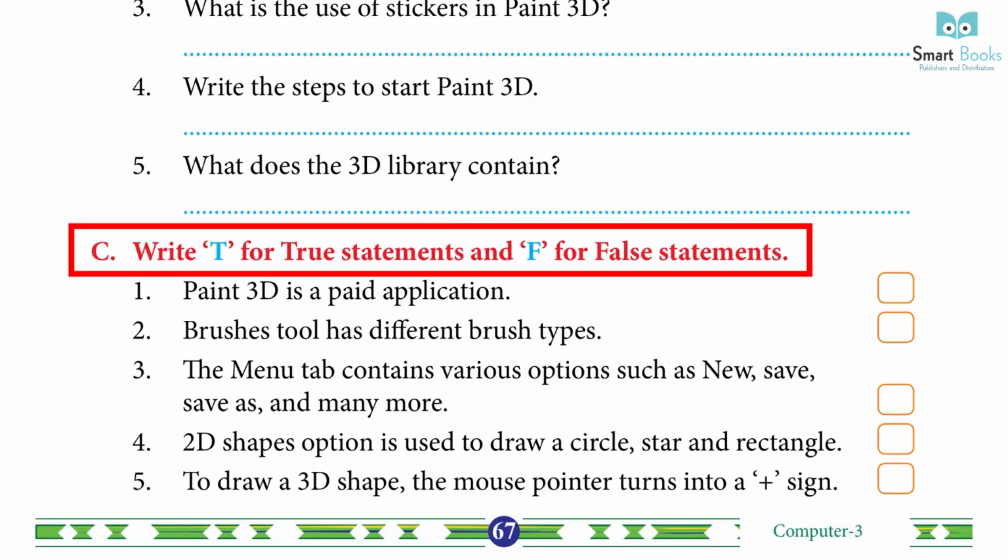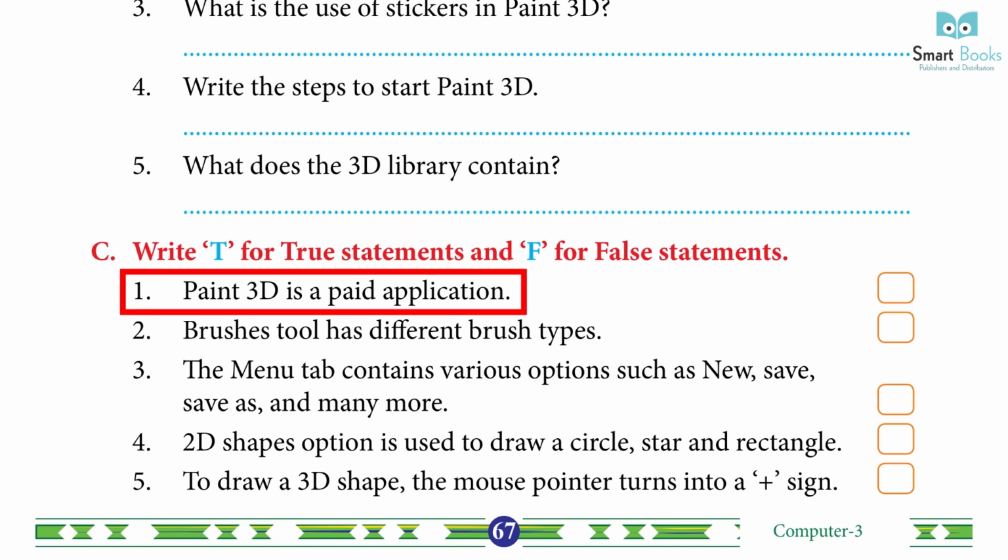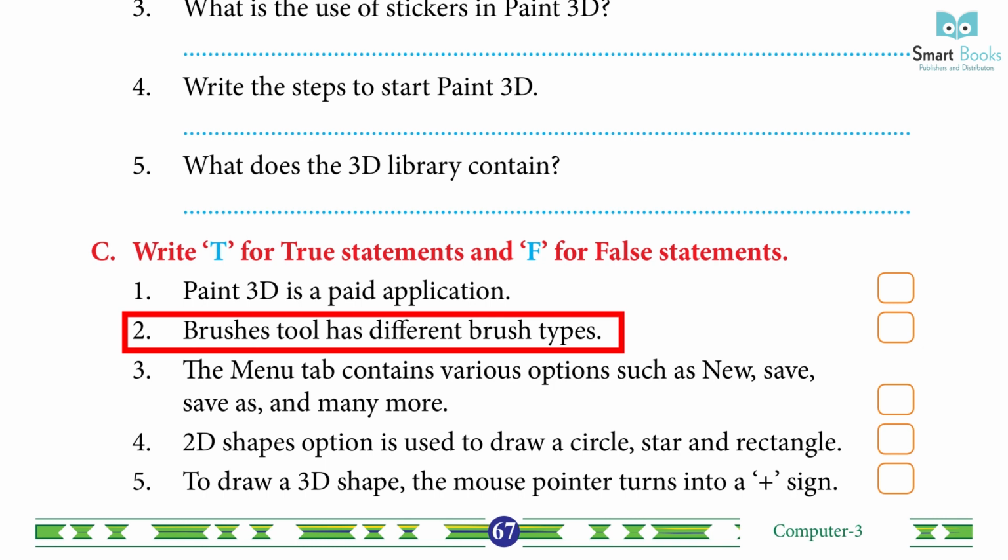C. Write T for true statements and F for false statements. 1. Paint 3D is a paid application. Answer: False. 2. Brushes tool has different brush types. Answer: True. 3.